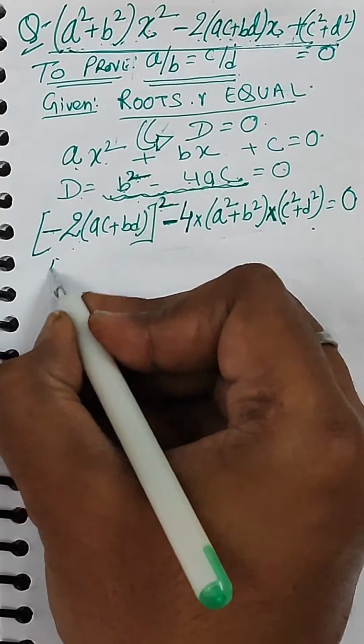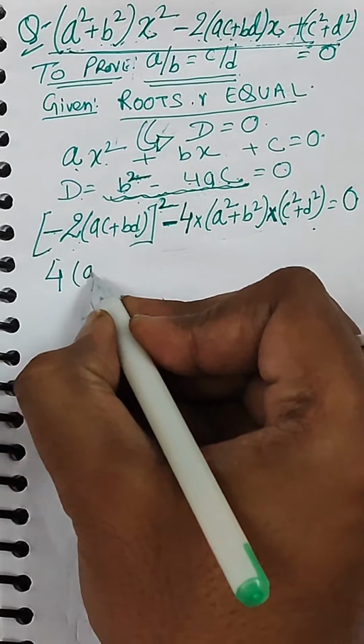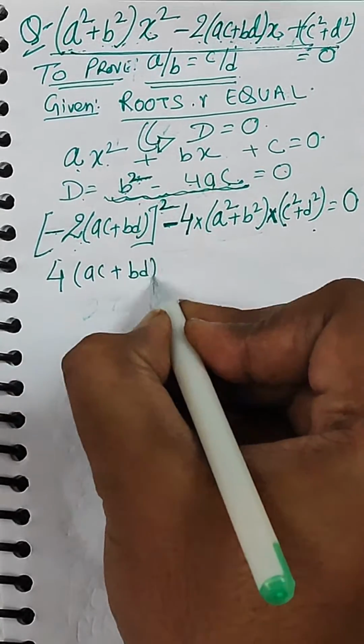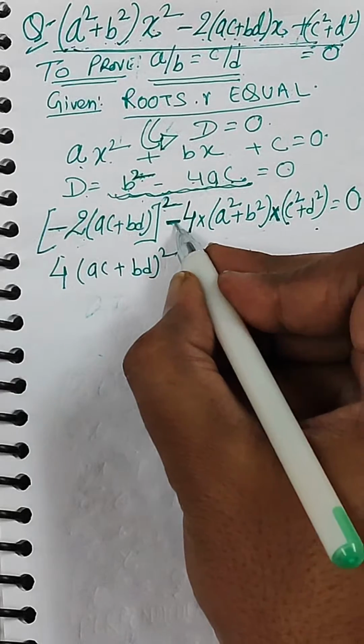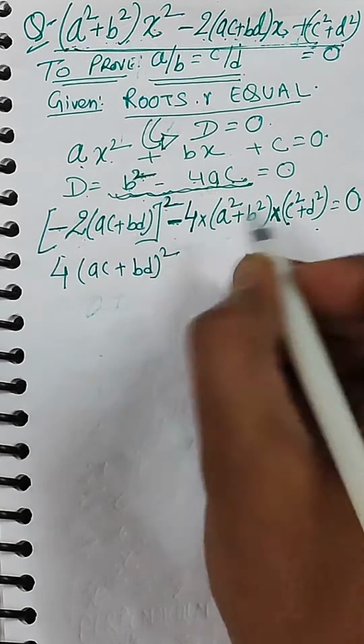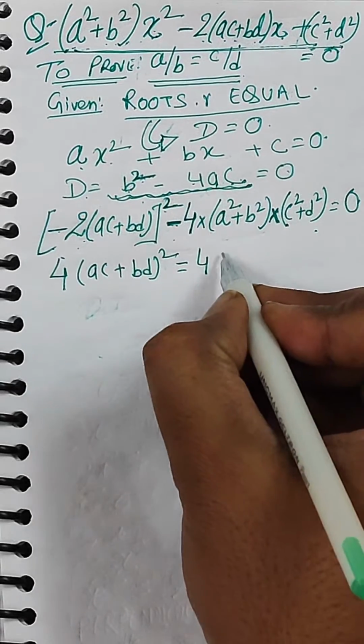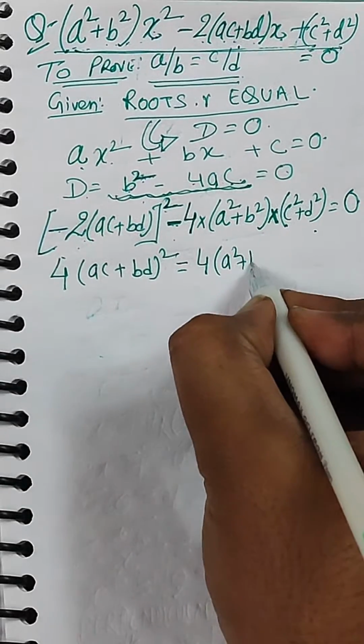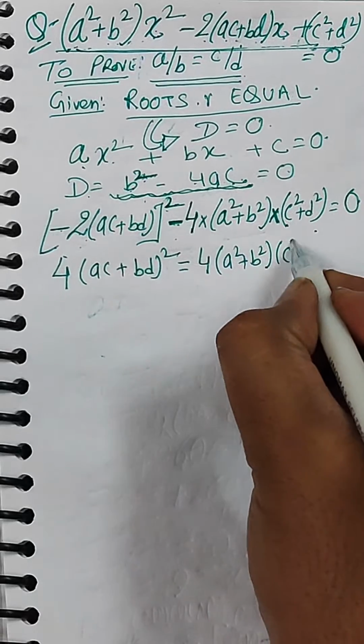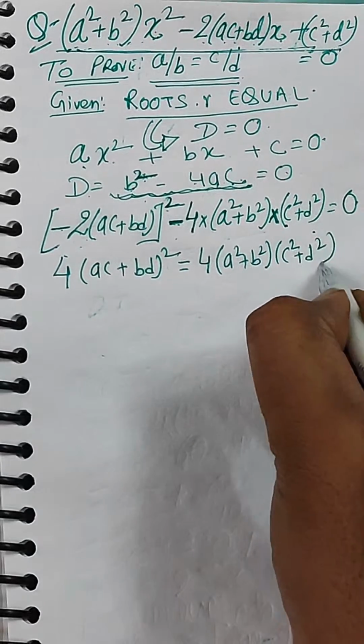Minus 2 whole square will be 4, and (ac plus bd) whole square will be coming, and you just push the second term into the RHS. It will be 4 times (a square plus b square) into (c square plus d square).